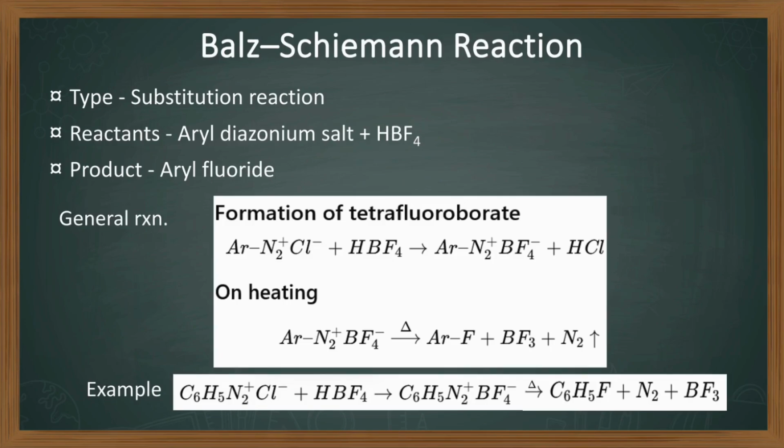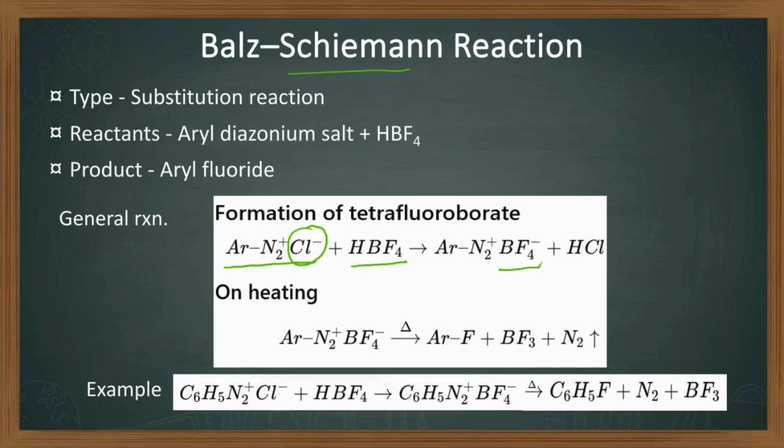Moving on to the next reaction, Balz-Schiemann reaction. It is pronounced as Schiemann. This is a type of substitution reaction. In this case again we start with aryl diazonium salt. Here we allow it to react with hydrofluoroboric acid. This particular chloride is replaced by fluoroborate ion, and this is a stable solid.